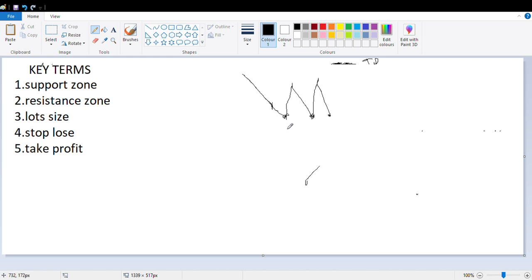Let's indicate here by A, here by B, and here by C. We all know that this is the support zone the market has reached.